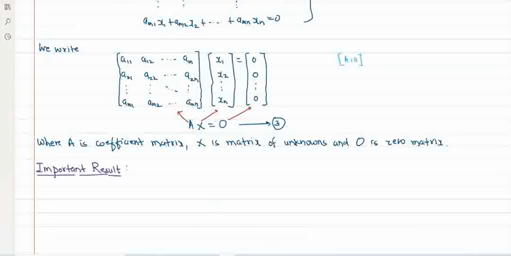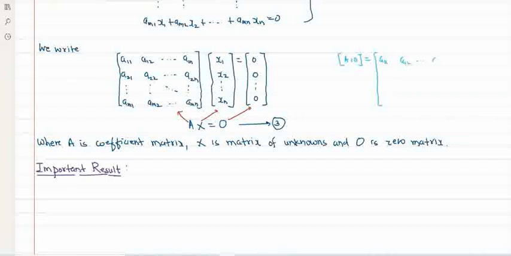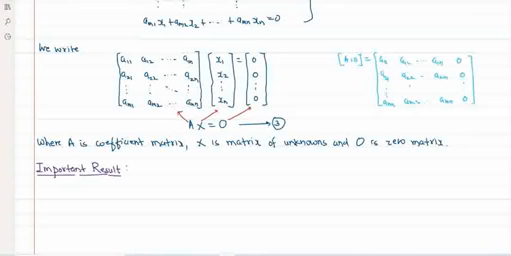Suppose A0, which is given by coefficient matrix A11, A12, A1n, A21, A22, A2n, continue to the last one, Am1, Am2, Amn, and you have to attach one more column, and that column is given by 0.